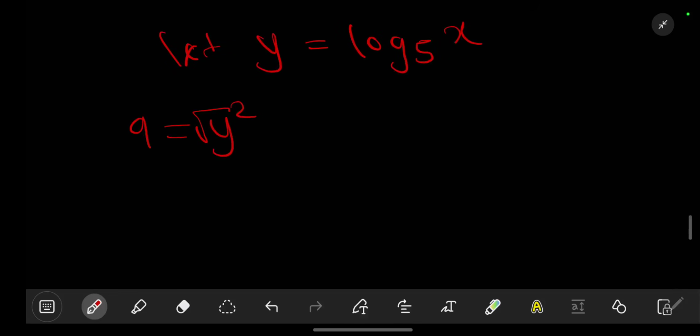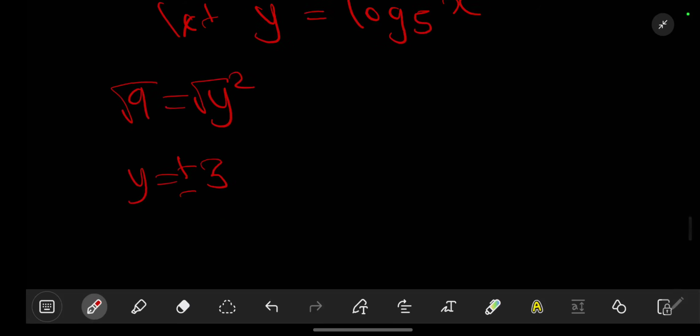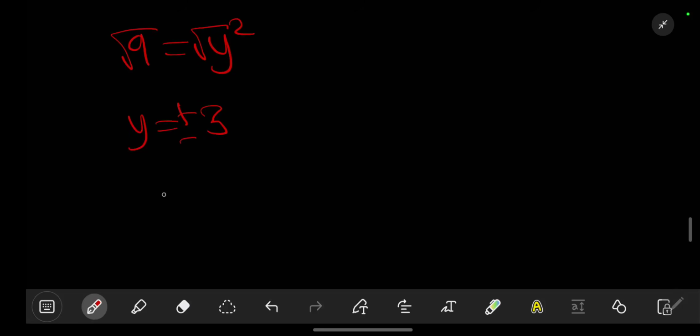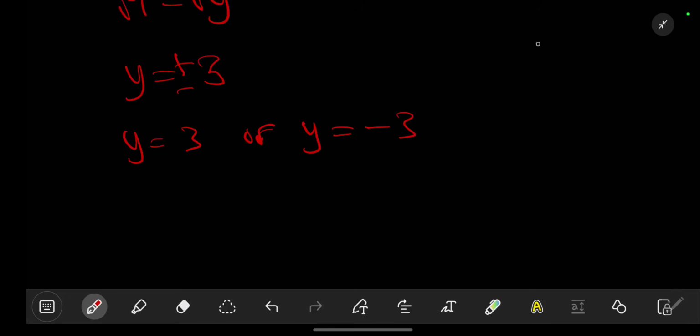We are going to find the square root, so y should be equal to plus or minus 3 like that. So with that said, it means that y is equal to 3 or y is equal to negative 3.